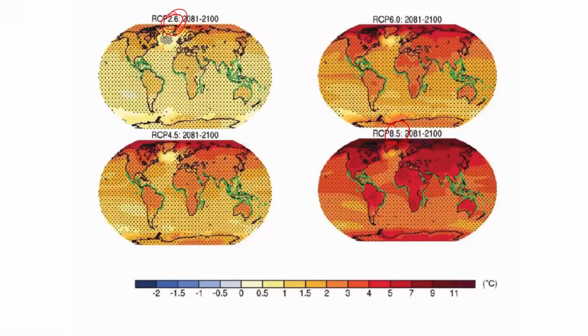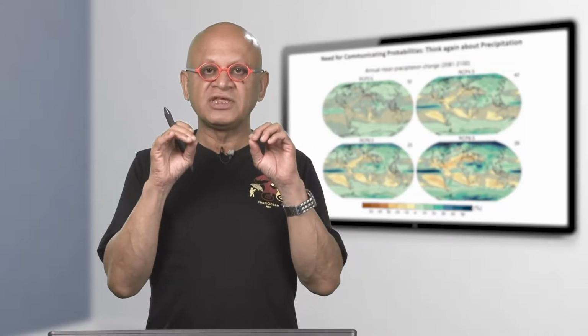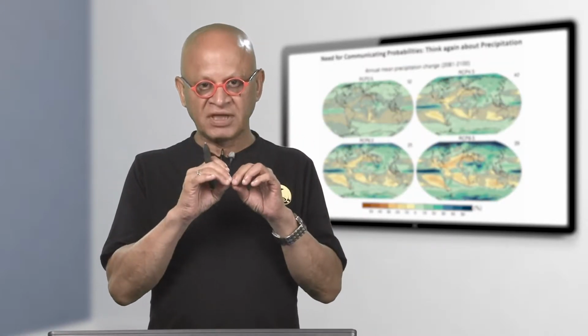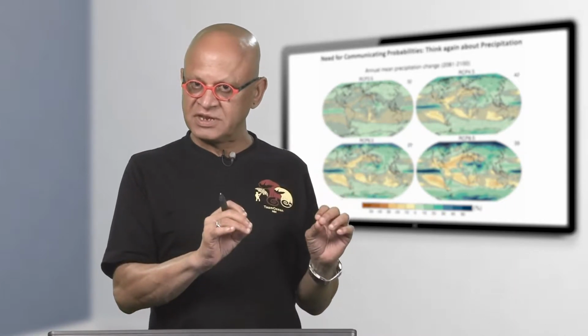In these figures, the stippled areas are where the confidence is very high, because more than 90% of the models agree that the changes are more than 2 standard deviations of the natural variability you have observed by various means over various periods.